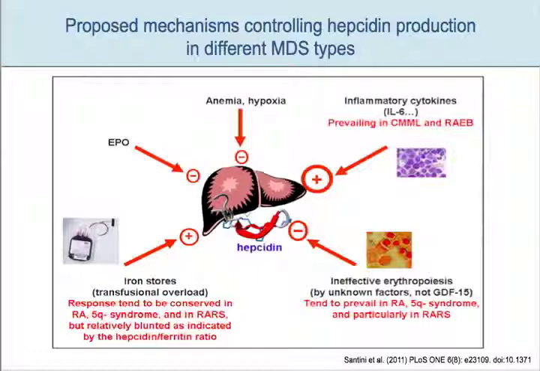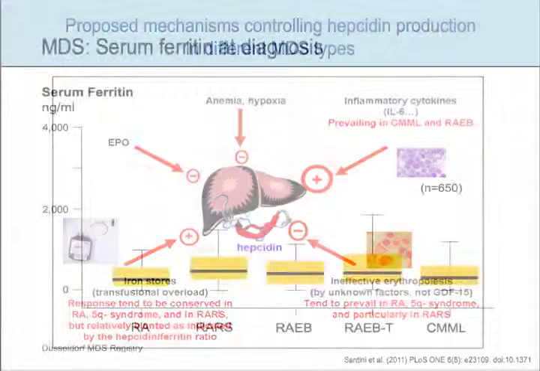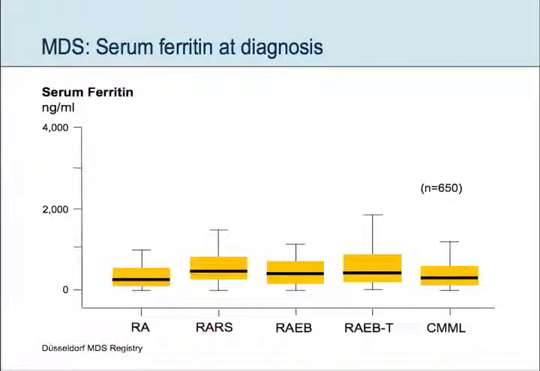And then we have patients with CMML and RAEB. In these patients, the situation is confounded by inflammation, by inflammatory cytokines like IL-6, which is known to strongly stimulate hepcidin production. So there are many factors, and in different types of MDS, the relative weight of these factors differs.